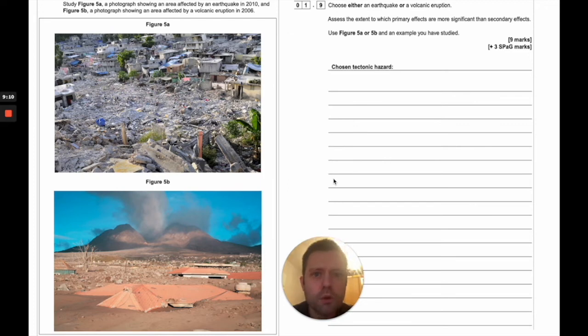What's the question want us to do? Choose either an earthquake or a volcanic eruption. So at BHA, we look at earthquakes. So we'll look at the top picture. And then it wants us to assess the extent to which primary effects are more significant than secondary effects. Use figure 5a or 5b and an example you have studied.